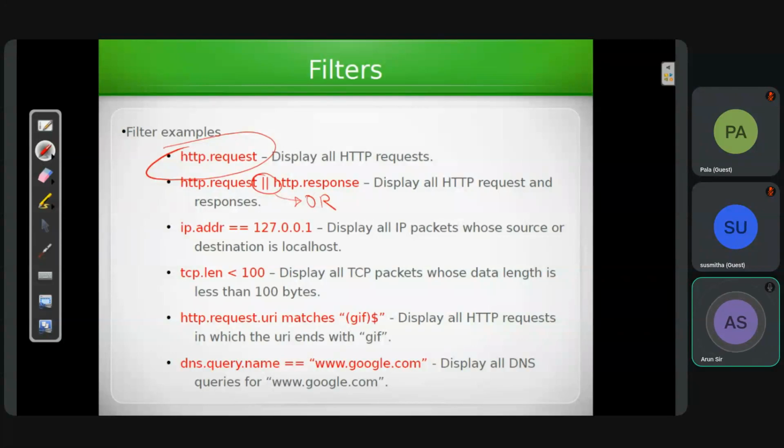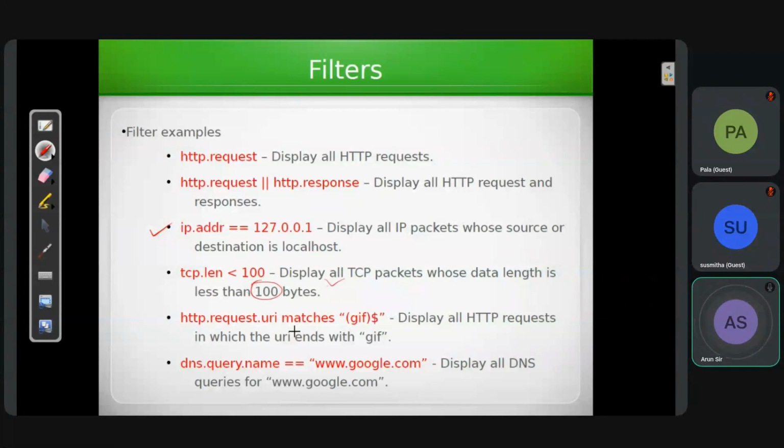It will display whether you have any request or response, both you can get over here. Similarly with IP addresses, you can select a particular IP address if you want all the packets coming from this destination, or I just want TCP length less than 100 only. So 100 bytes and lesser data will be shown only.